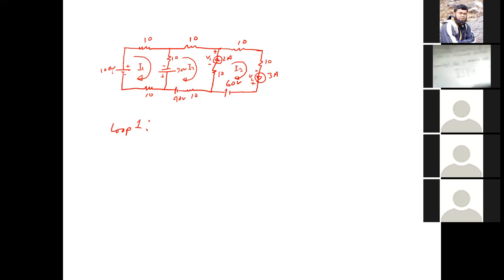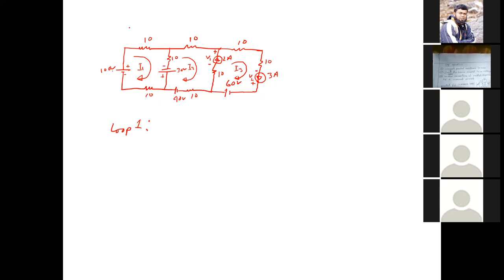At first this loop equation, our total resistance, this 1, 2 and 3, total resistance is addition. Okay, total resistance is 30. Our voltage loop equation, we need the voltage, so V is equal to IR. Okay, V is equal to IR.